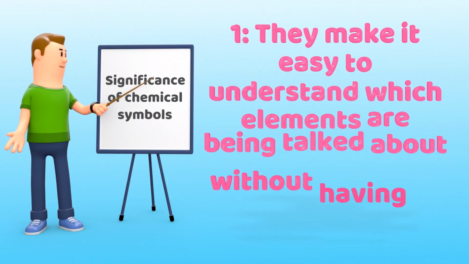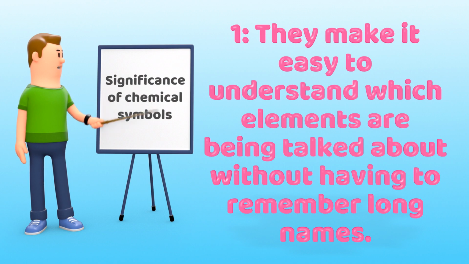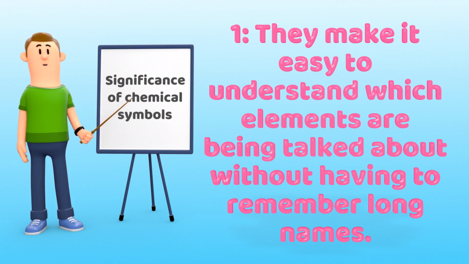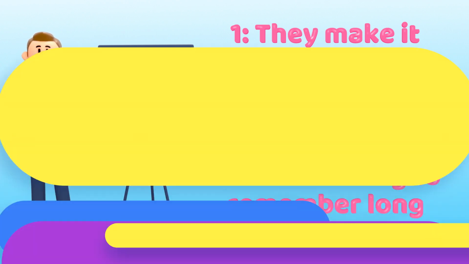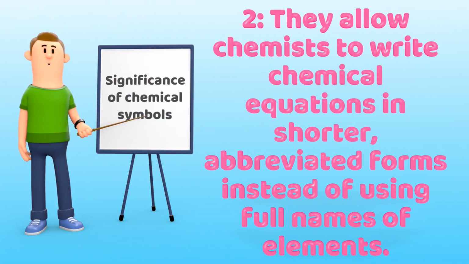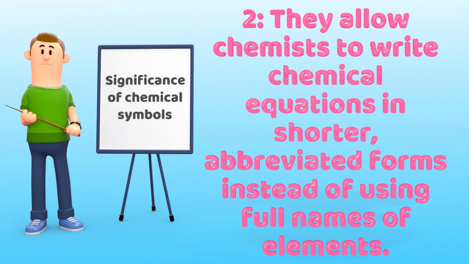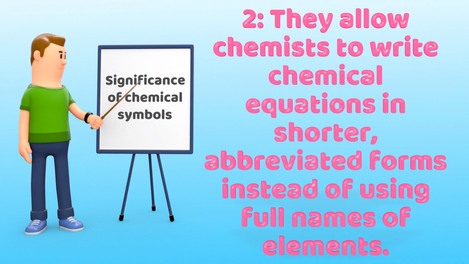The first importance is that they make it easy to understand which elements are being talked about without having to remember the whole name. The second importance is that they allow chemists to write chemical equations in short form without using the full names of the elements.